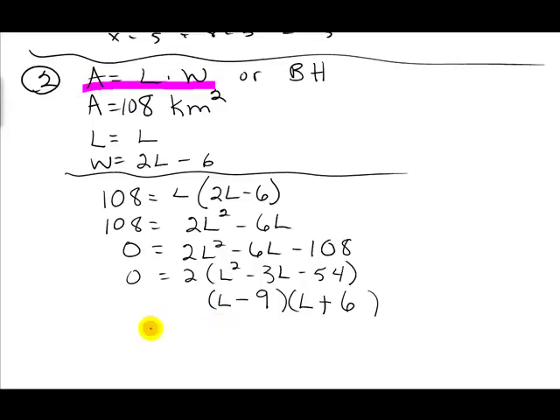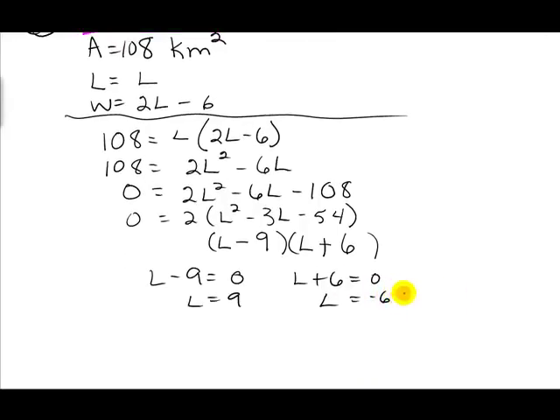When we set these equal to 0, again, we want to remember a negative number in a real life word problem is not going to work. So that means our length is 9. We need to find the width.